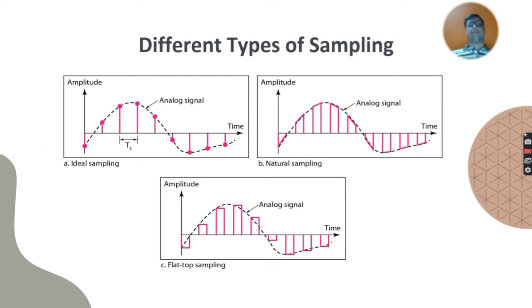These are the basic types of sampling through which we can generate our discrete signal. If we go for the ideal sample, there is no need to convert, as it is already in a discrete position. But if we prefer natural or flat top sampling, then we need to quantize it, and the quantized signal is assigned with binary data through which we can generate the digital information, or the pulse code modulated signal.